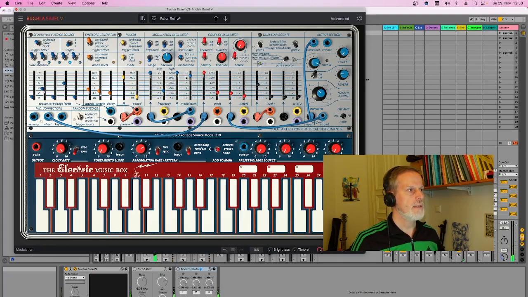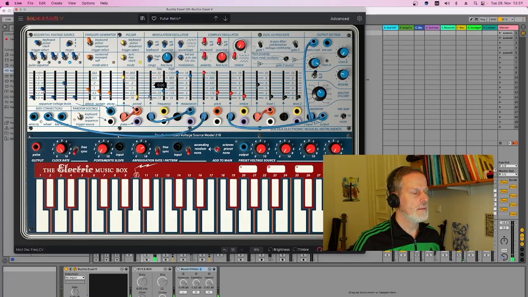Right. There's another modulation destination over here. It's the amount of the frequency modulation. This in turn is modulated by the sequential voltage source over here. So if these steps move, you hear a shift in frequency of the modulation oscillator, which in turn, as said, is hitting on the complex oscillator.